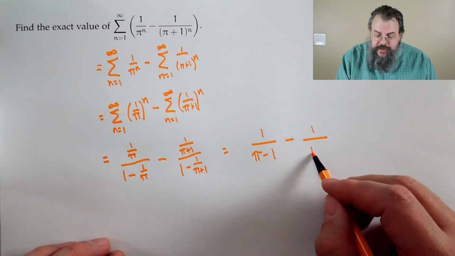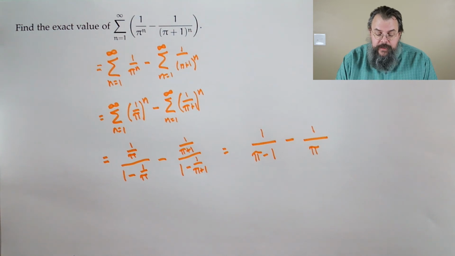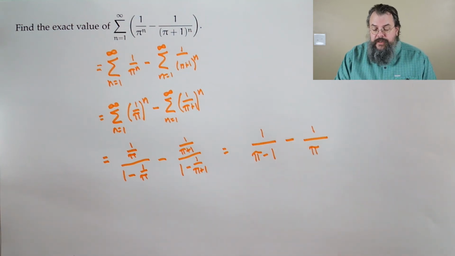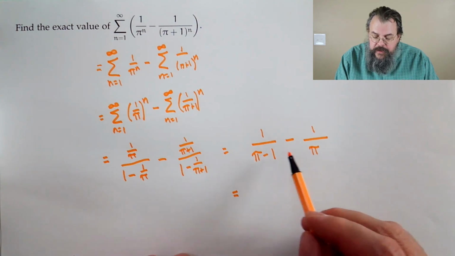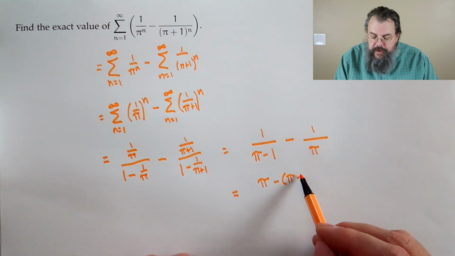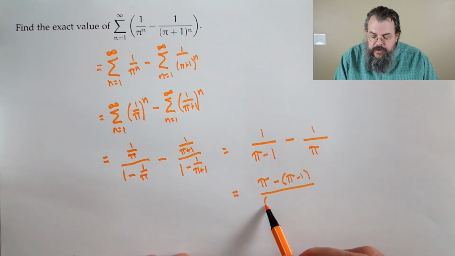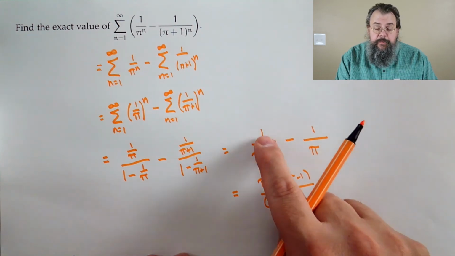Well, that's going to simplify to be pi. All right? Pi plus 1 minus 1. And we can even get a little bit further. We can get a common denominator, so multiply by pi minus 1 over pi minus 1 times pi. So here I multiply the first term by pi over pi.